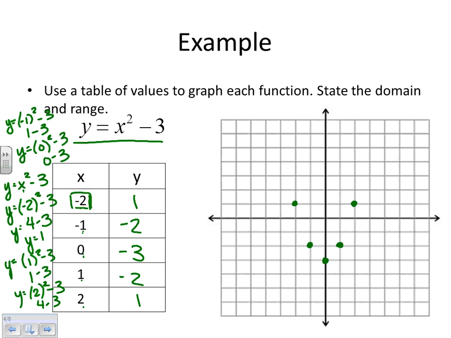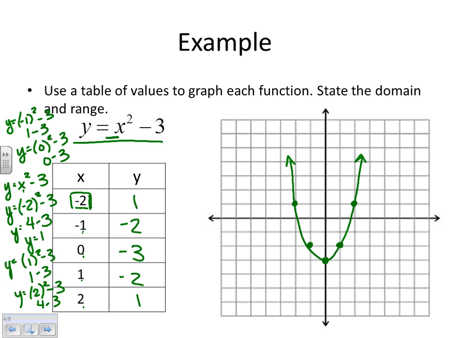Now I want you to draw a nice smooth line connecting all your points. What would you say this is? Is this a minimum or a maximum? Well, this is a minimum, because I have a minimum point. And notice my value in front of x squared is positive. Kind of see that little pattern going on?